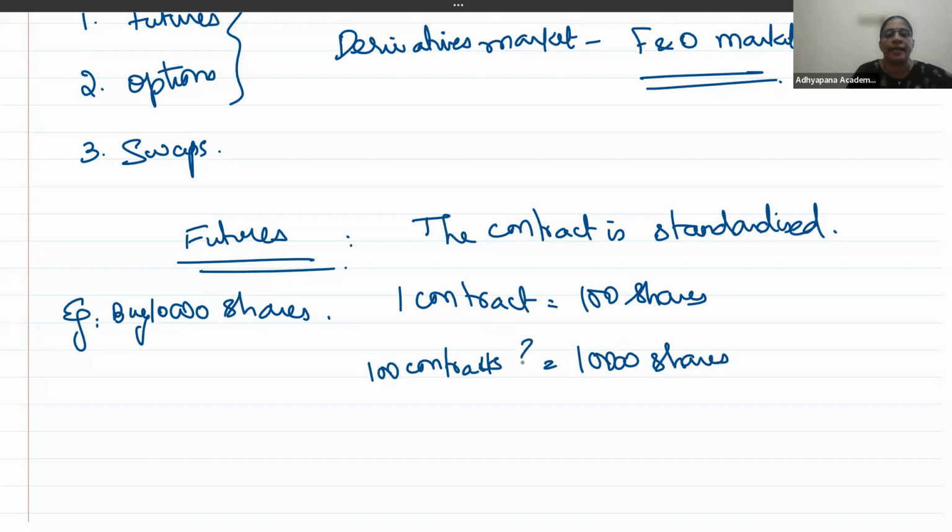So, it cannot be a random number. A random number of purchase or sale is not possible in futures. It is a standardized set of contracts. Based on your requirement, you can enter into as many contracts as required.